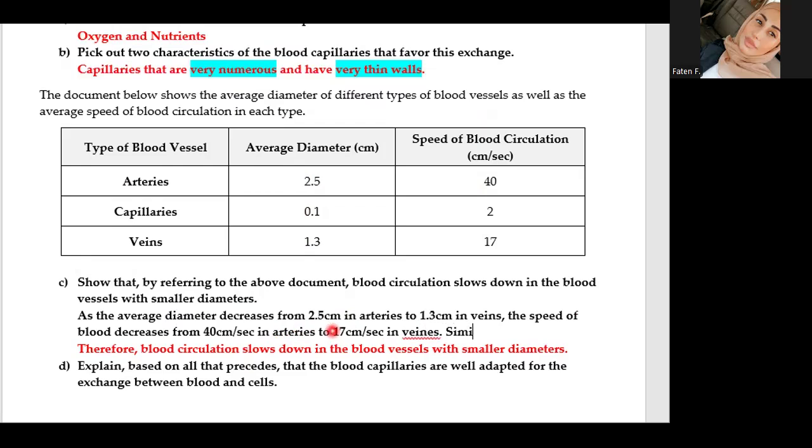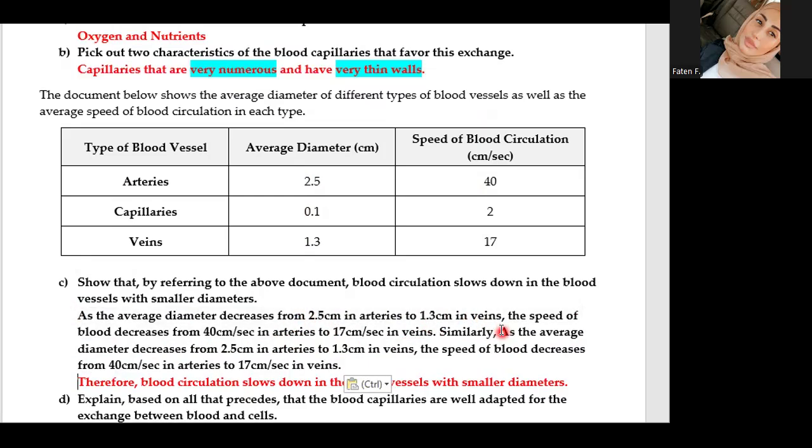Also, as the average diameter decreases from 1.3 centimeter in veins to 0.1 centimeter in capillaries, the speed also decreased from 17 in veins to 2 centimeter per second in capillaries.